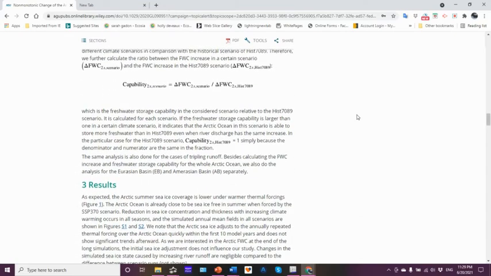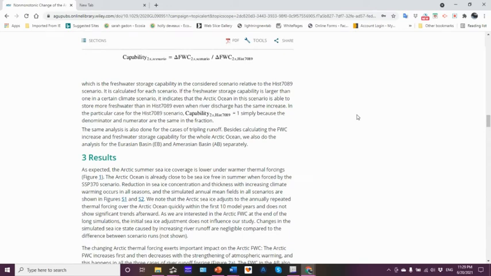That's fine and dandy, but that's not the focus of what I want to share with you. Again, click on the URL if you're interested, and you can examine that. So these are all calculating freshwater capability. What that means is the capability of the Arctic Ocean to hold water, and therefore hold fresh water.